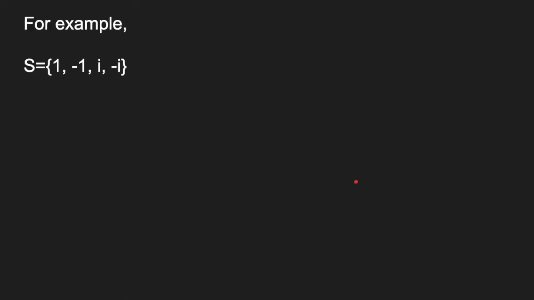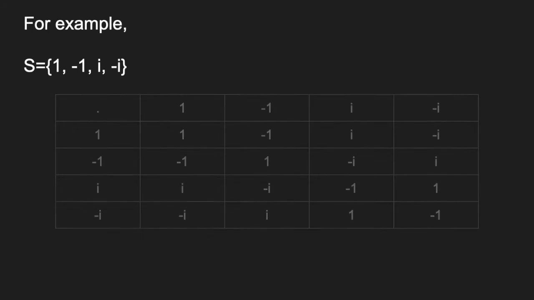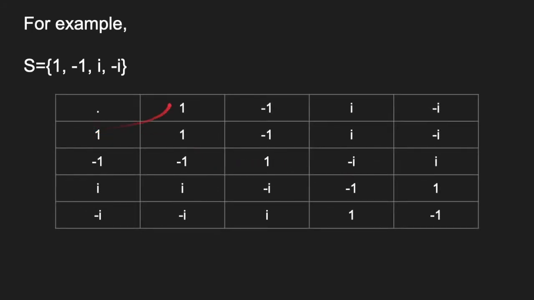For example, we have a set 1, minus 1, i and minus i. Then the table will contain 4 rows and 4 columns. See here, the operator is multiplication. So 1 into 1 is 1, 1 into minus 1 is minus 1, 1 into i is i, 1 into minus i is minus i.